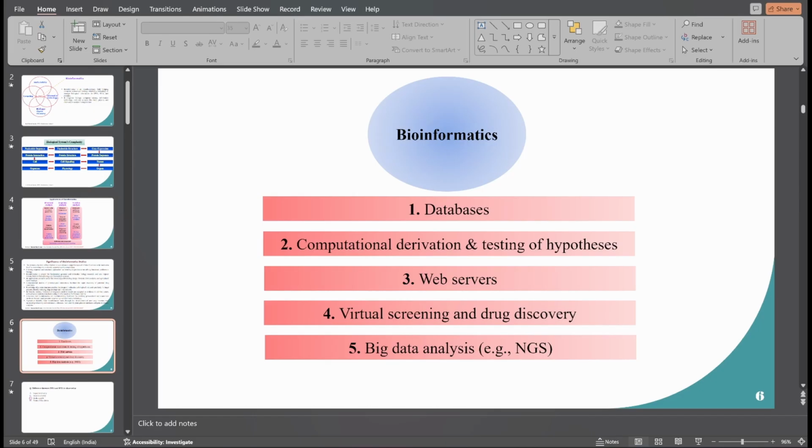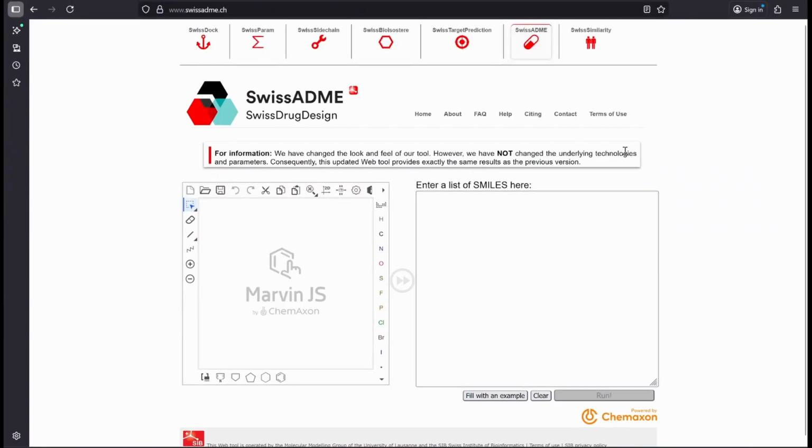Okay, so does anybody know what ADMET is? Swiss ADME, I also see, yeah. NCBI BLAST. Okay, so does anybody know what ADMET is in the context of drug discovery?